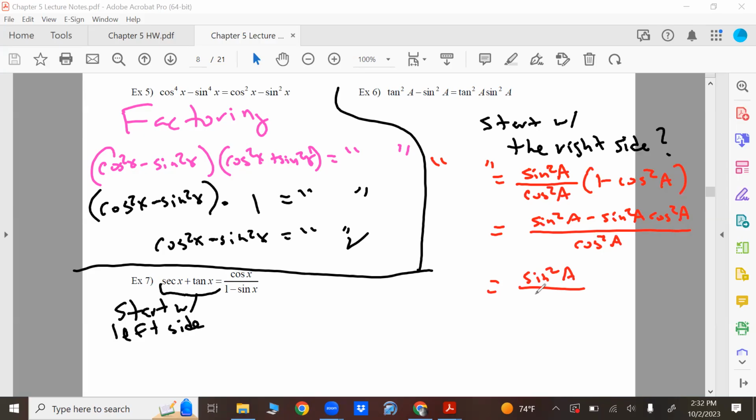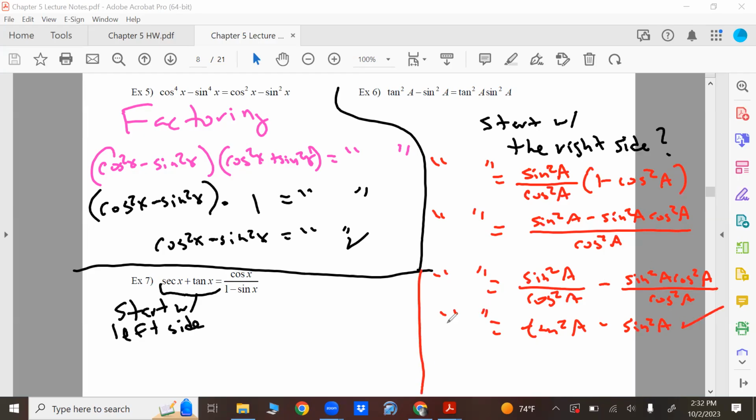Boom. Wait, I think I have it. Yeah, it's fine. Work on the right side. I got to work. Yeah, I got it. I multiplied the top and all, then you get... I did not do that.